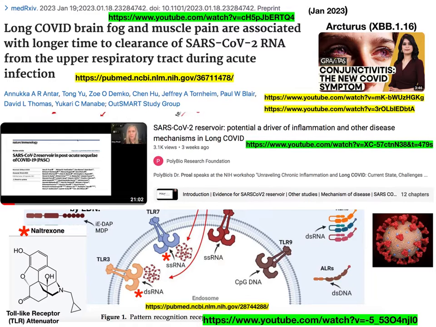However, even though conjunctivitis is more prevalent with Arcturus and related subvariants, it has been present from the earliest days of the pandemic. It is just now more frequent.